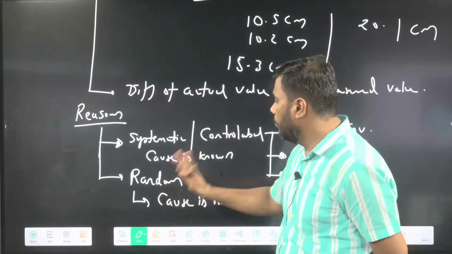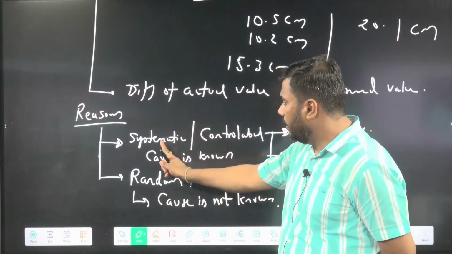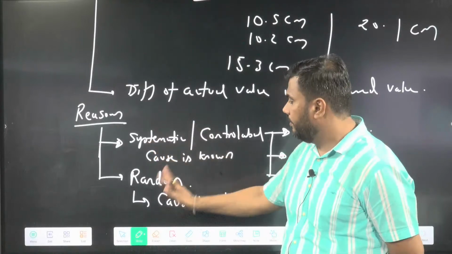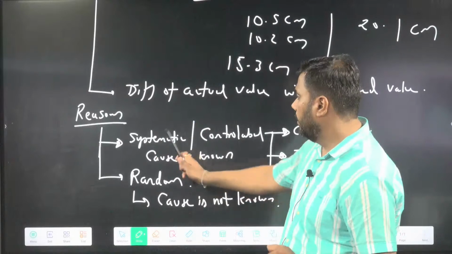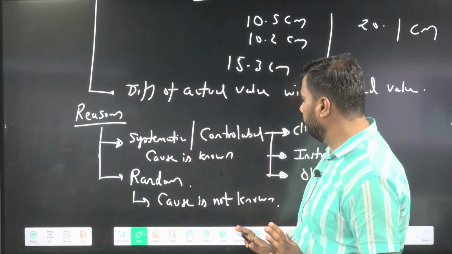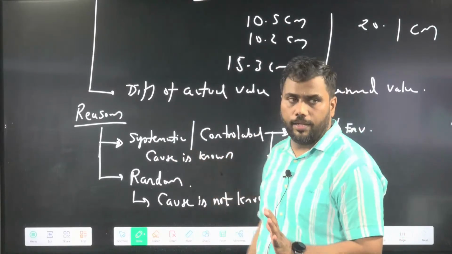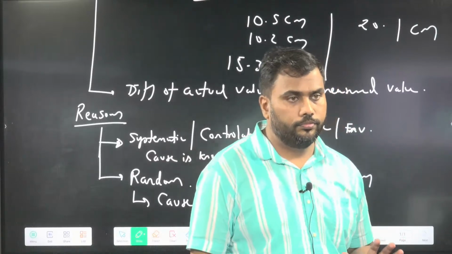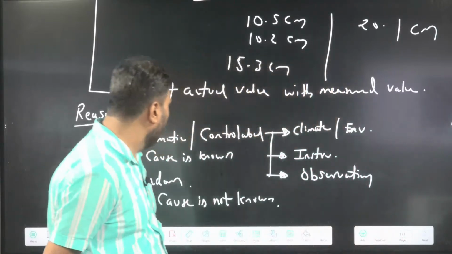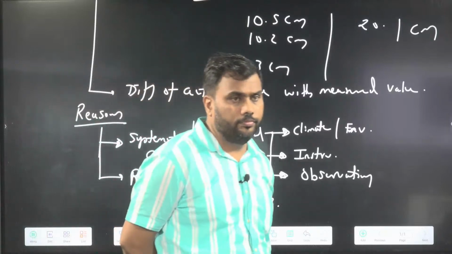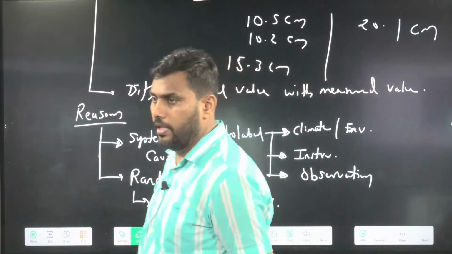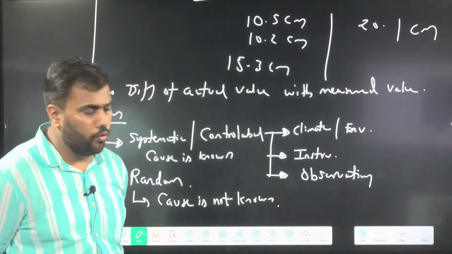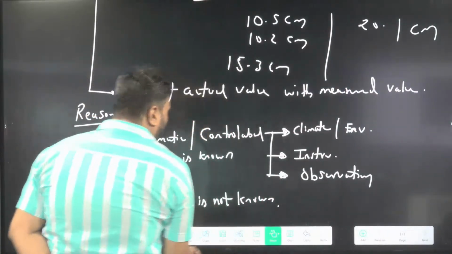We can control the systematic error, but we cannot avoid random error. So there are two categories of error: systematic or controllable, and random. Is this clear? There are two types of error, systematic or controllable, and random, which can't be controlled.